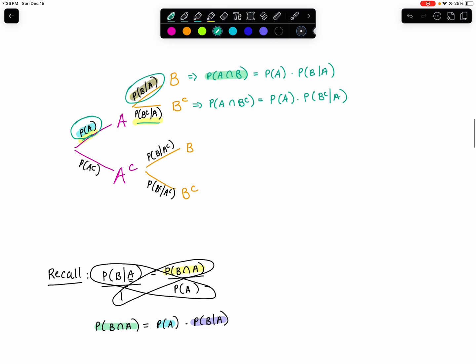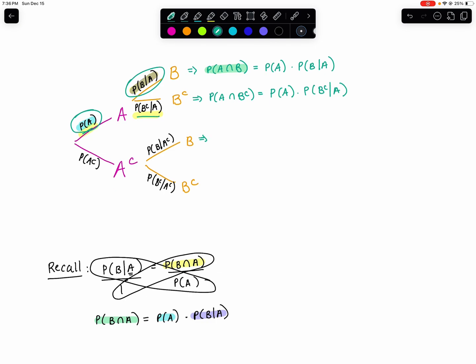Okay? All right, so just to finish this off, this is all very general, with A and B not representing anything. All right, so what do I want for this one? The probability of A complement and B would be equal to the probability of A complement times the probability of B given A complement.